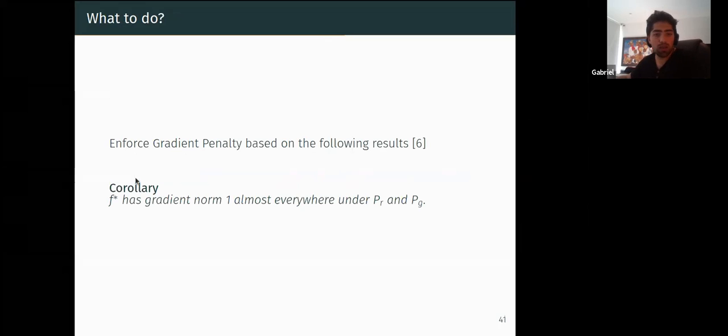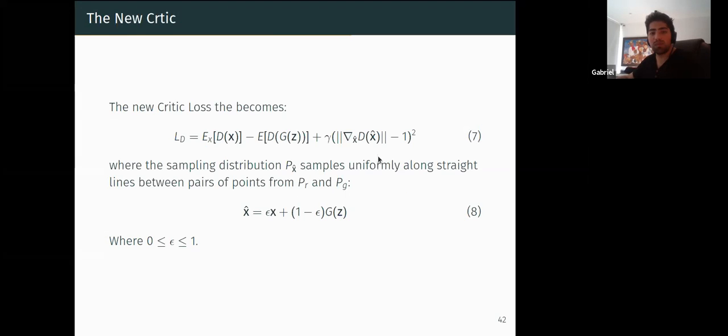We have a corollary that just says that this f that we were talking about before has gradient norm almost everywhere. So this means that in order to enforce the Lipschitz condition, we only have to enforce a soft penalty on the gradient norm by sampling in between the line connecting the real and generated data.